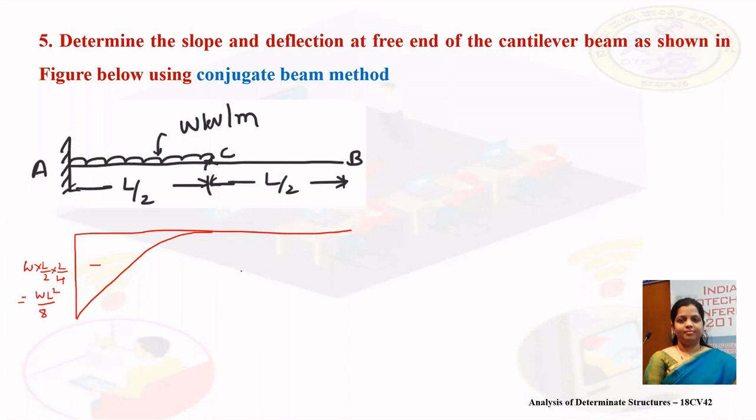This is the bending moment diagram. Now we need to draw the M by EI diagram for the same. So this will be our M by EI diagram.